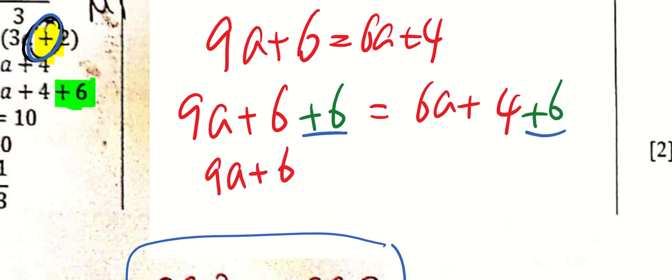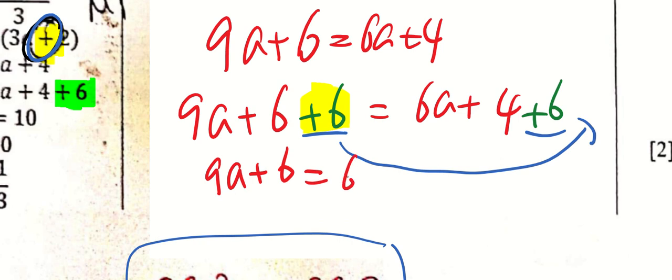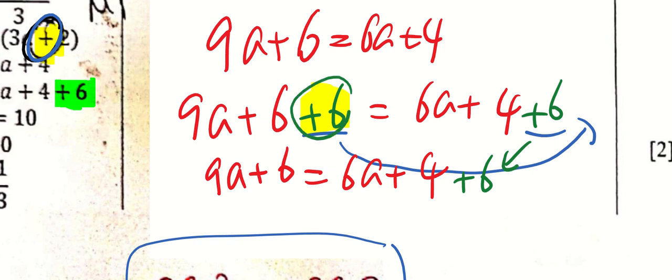Because I can simply have moved this plus 6 over to the other side of the equation, and what will happen? Let's take a look. If I move over 6a plus 4, so this is the original plus 6, over here, what will happen to this plus 6? Well, it would have turned into a minus 6.